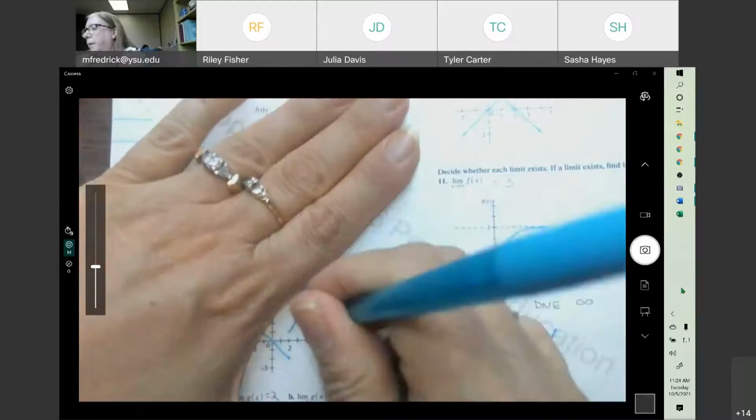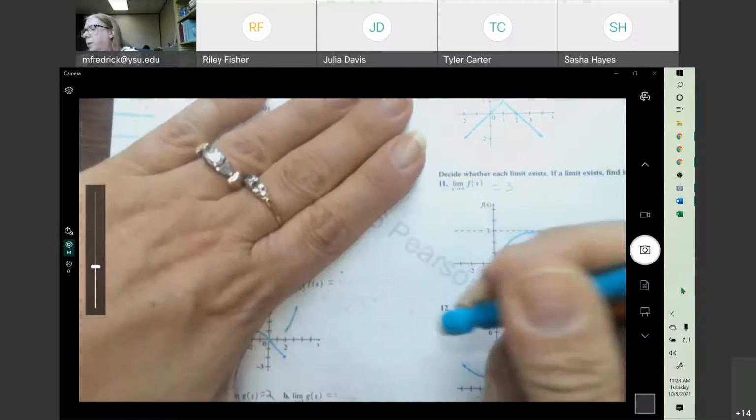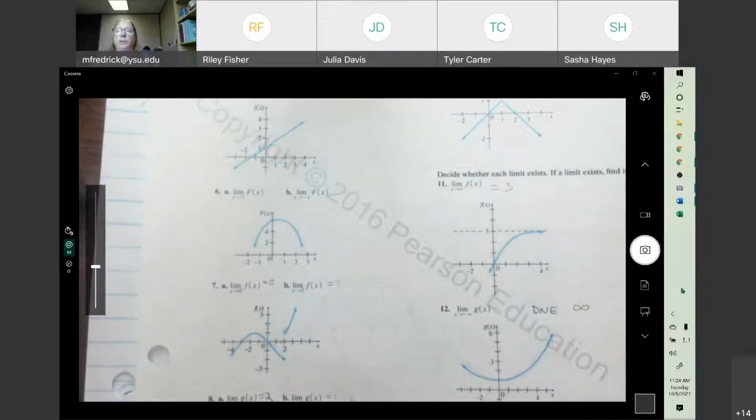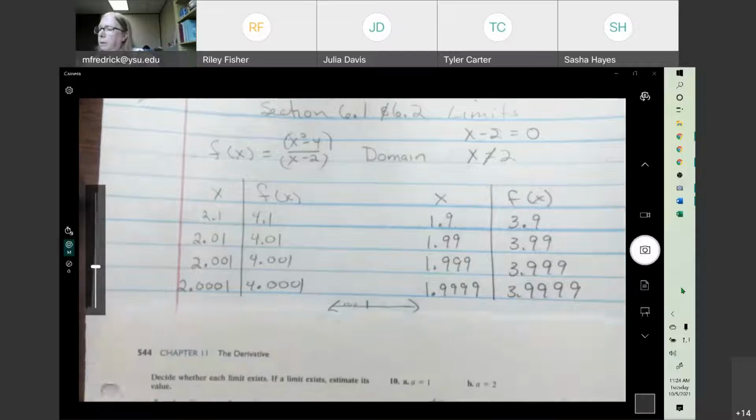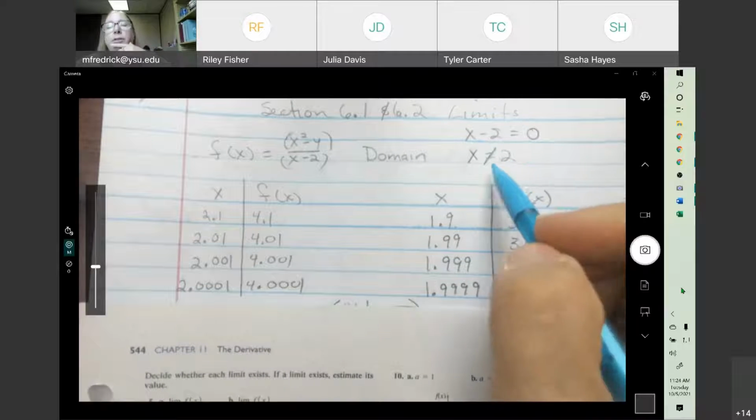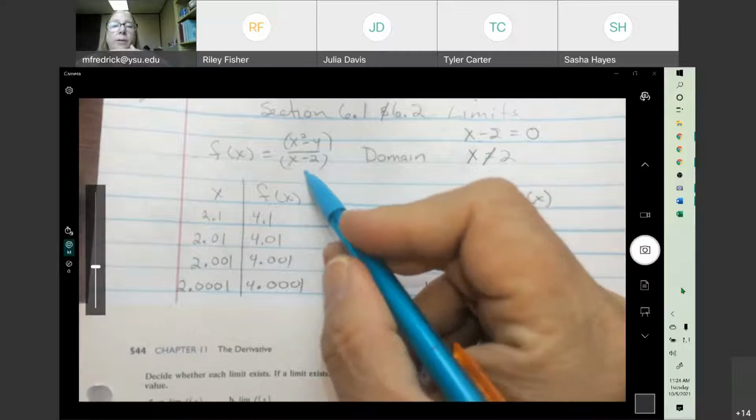Now to combine 6.2 and 6.1, the only thing 6.2 does is it adds continuousness, whether it's continuous or not. Like the first problem we did, it's discontinuous at 2 because 2 gives us 0 in the denominator.